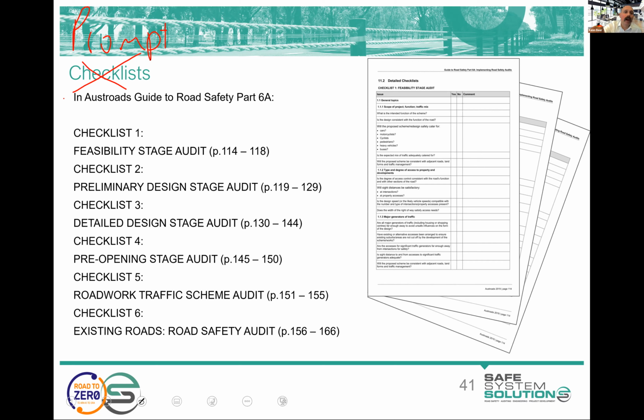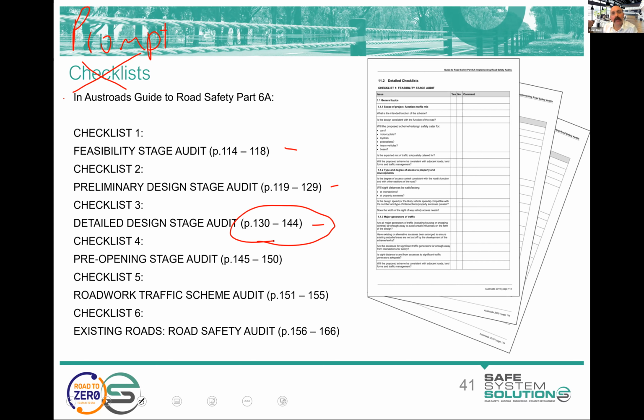And in the Austroads guide, they're provided in these different audit stages, and they duplicate each other. Detailed design stage, for example, there's quite a lot of questions in there, 14 pages worth of questions that you would ask yourself as you're looking through the design. Now, what I find is these are wonderful for people new to auditing.